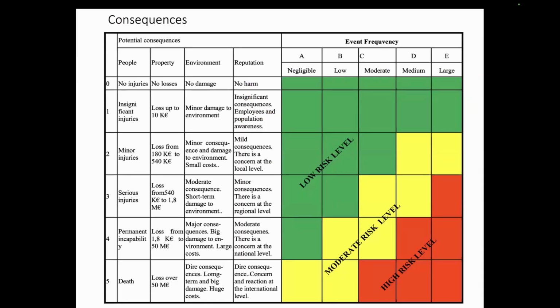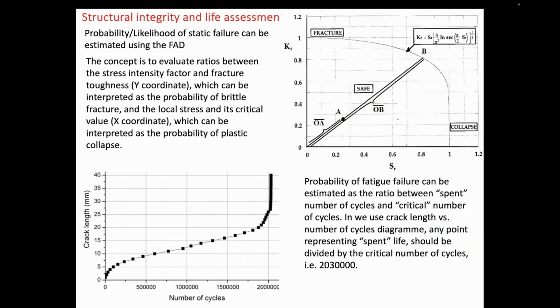That is shown here in more detail, for people, property, environment, and reputation, you can go all the way. And this is also provisional. You can have different values, different criteria, but basically, if somebody gets killed, that is category 5 or category E, which is the worst. So for the consequences, that was it.